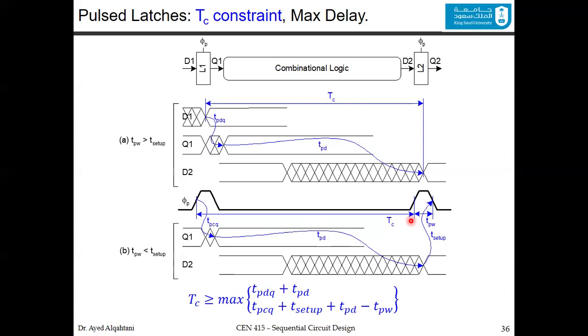But to be accurate, this is what you have. So it's propagation clock to Q plus the setup plus the propagation delay through the circuit minus the pulse width. So you have 2 ways. It's based on the relation between the pulse width and the setup time.